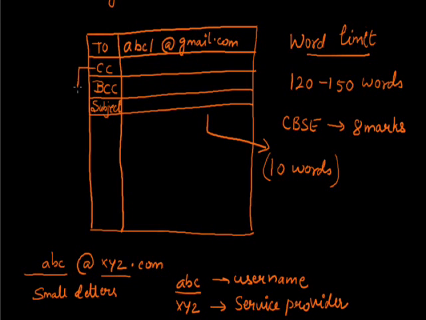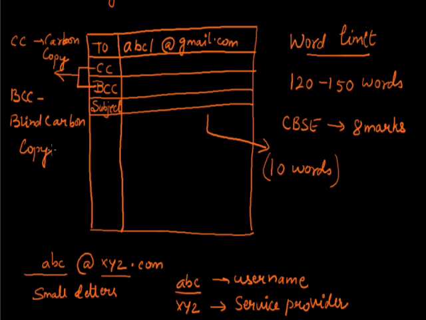Now there is a basic difference between these two, CC and BCC. CC stands for carbon copy, whereas BCC stands for blind carbon copy. If I mention an address in the CC column, let's say I write abc2@gmail.com, then my email would be forwarded to both the users, that is ABC1 and ABC2.